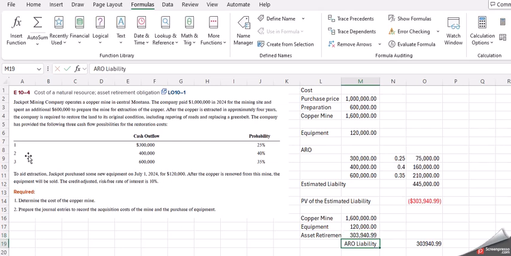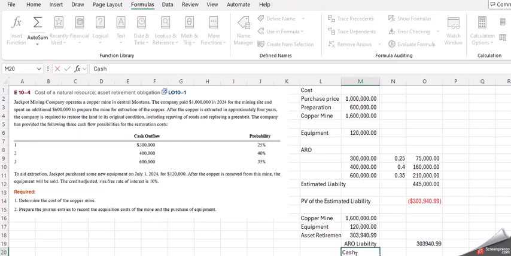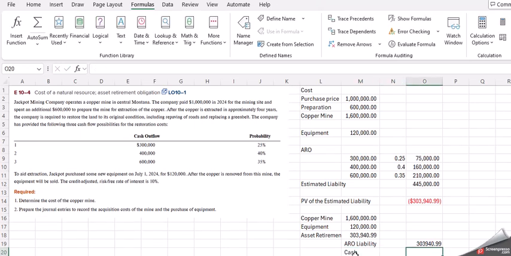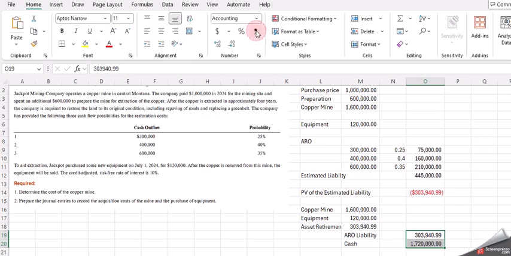And then we credit the asset retirement liability, and then we credit cash for what we actually pay out. Maybe double check in the textbook though, because I just kind of Googled that. Double check that that is the correct account name that they want you to use. Okay.